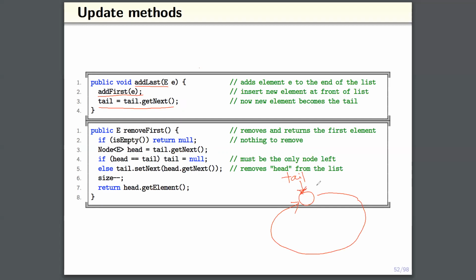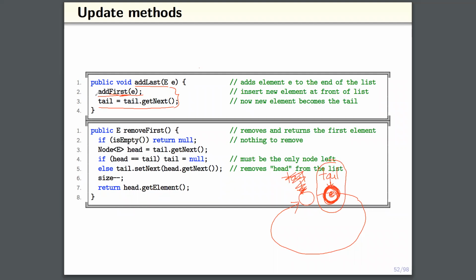Add first means you're adding this as the first node. You created this as the first node. Add first of E, let's call it E. And then tail is equal to tail.getNext. When tail is equal to tail.getNext, tail points to this. Make sense? In essence, these two lines make sure that you added a node at the last position.